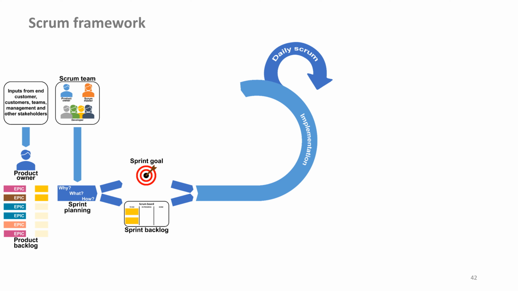Classically, it should take place at the beginning of the working day. No other demands should really be made on the team for the duration of the sprint. They need to be able to work focused on the sprint content.